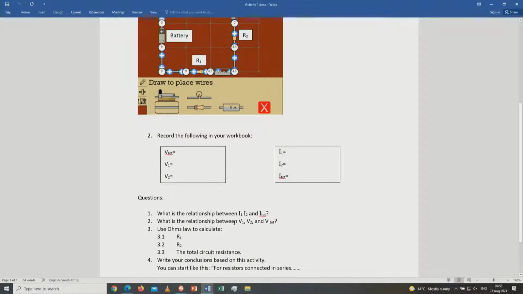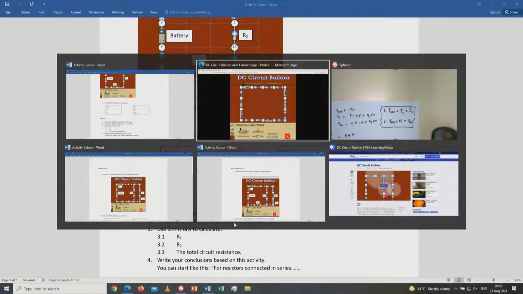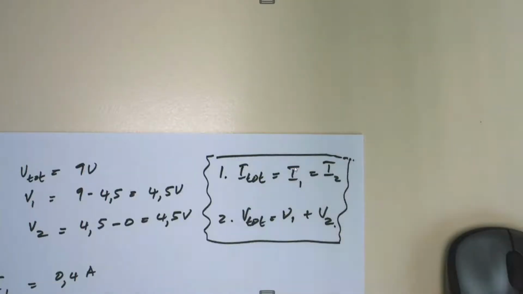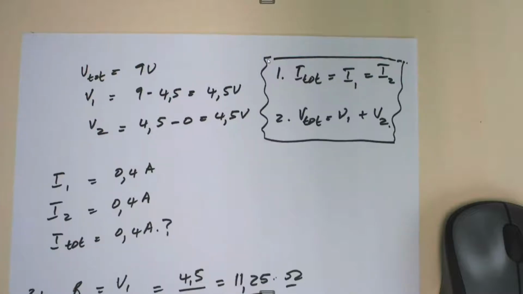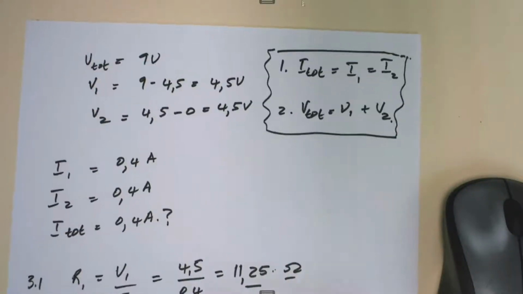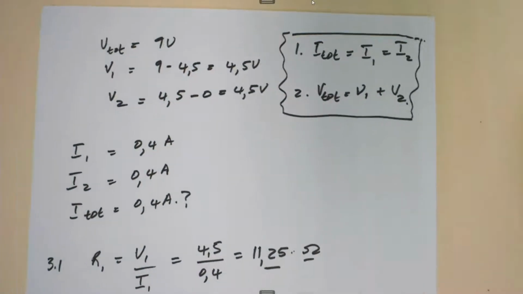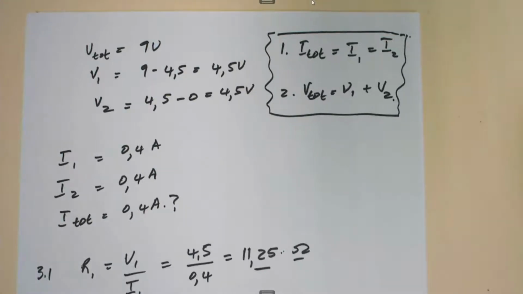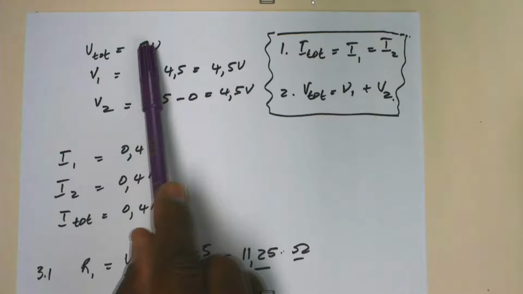Okay, let's see how we can look at those. I hope you have those questions with you. What I've recorded here is that the total voltage or the potential difference or the EMF, if I may be correct, of the battery is 9 volts.